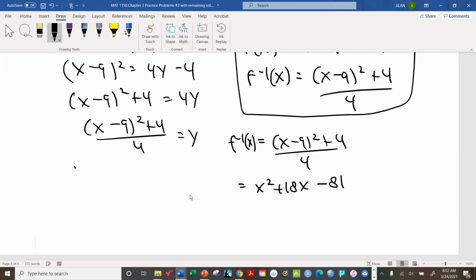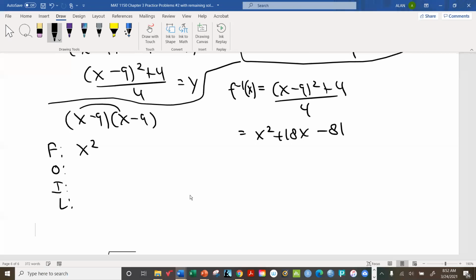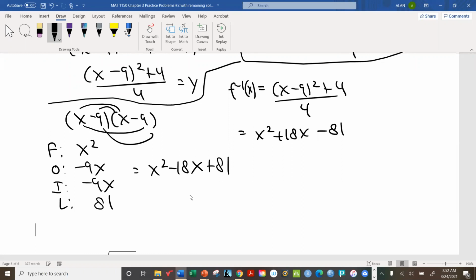If you use FOIL on this, you would get first is x times x, O is minus 9x, I is also minus 9x, and last is 81. And that comes over here. And then, of course, we also had that 4.